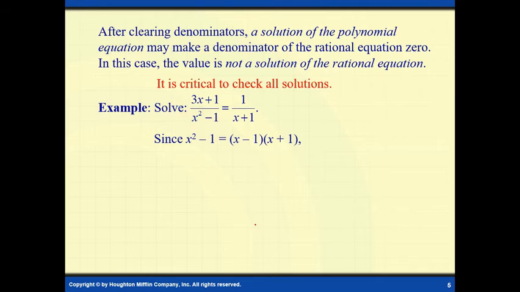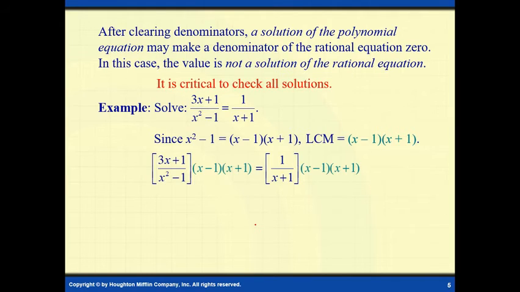Now notice the other side of the equation, the right side, has an x plus 1. So that means our LCM is x minus 1, x plus 1. Okay, multiply both sides by that. Cancel out what you don't need. So here, everything's going to cancel out. But on this side, only the x plus 1 will cancel. All right, then we get 3x plus 1 is equal to x minus 1.